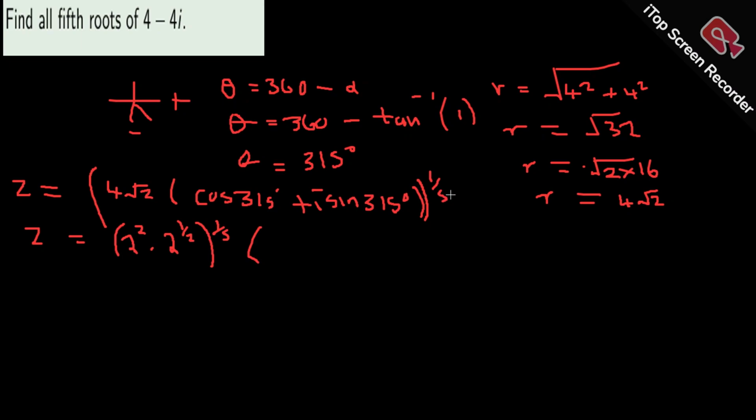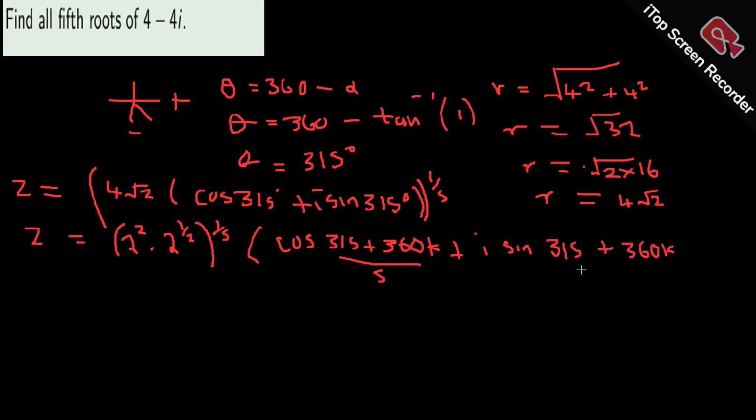We know we can multiply this times the angle that we have, but we said when we add 360 we are not changing anything. So in this case it's a must to add 360k, divided by 5, plus i sine 360 plus 360k, divided by 5.